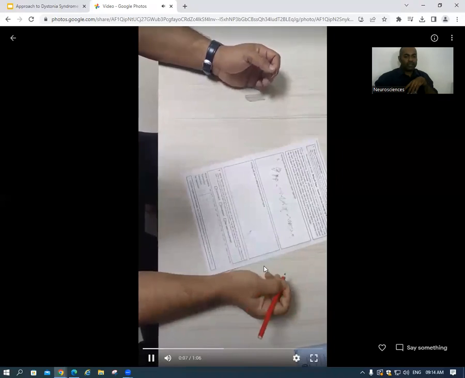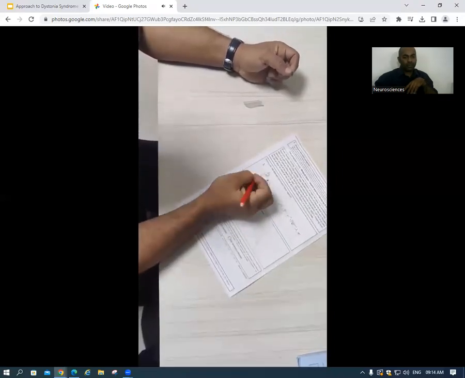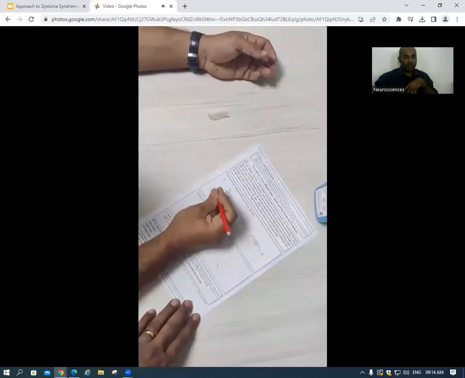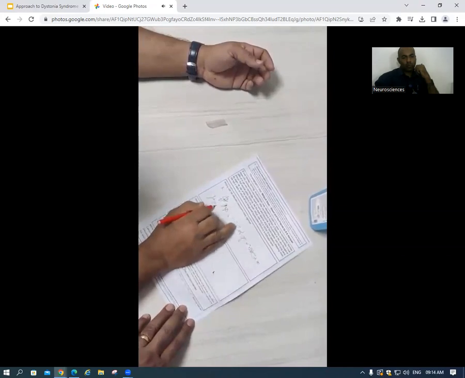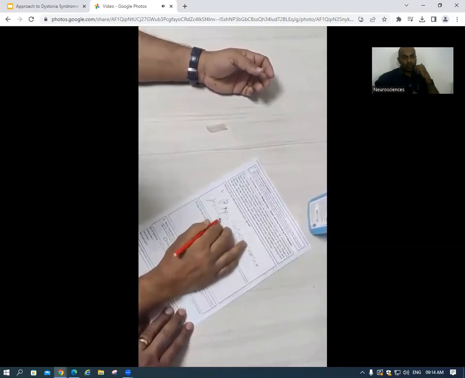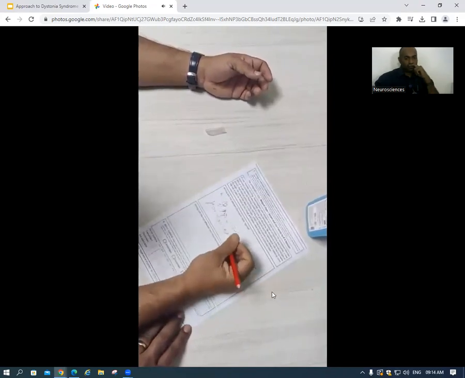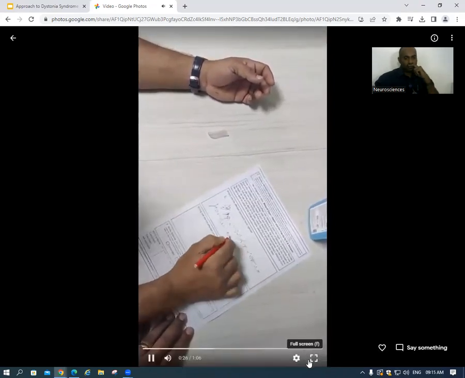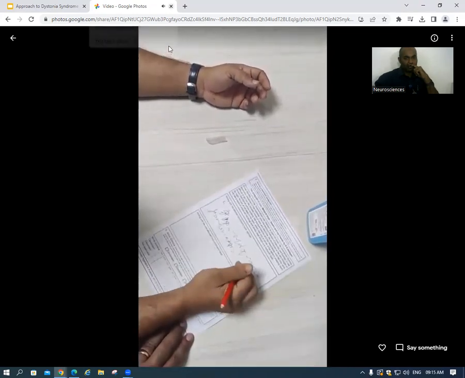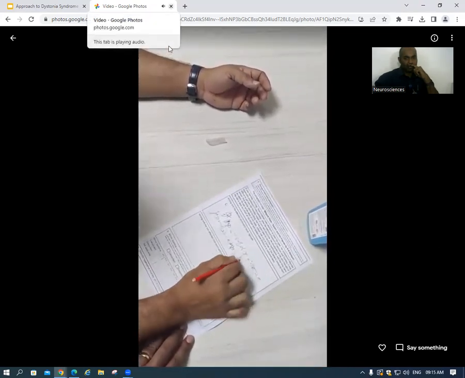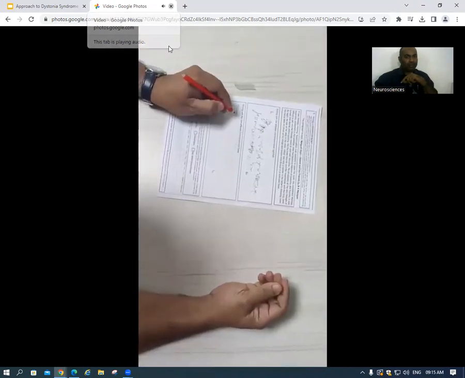Fingers are going into extension while writing. He didn't have any mirror movement, so.